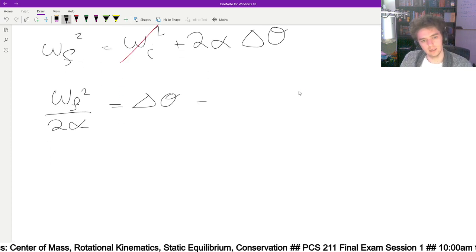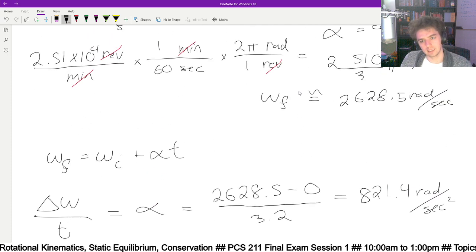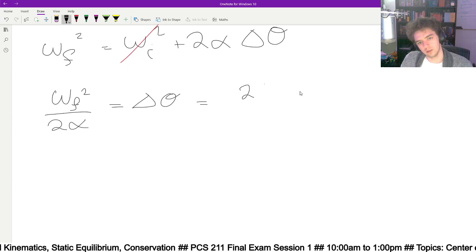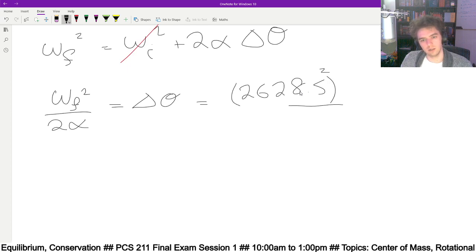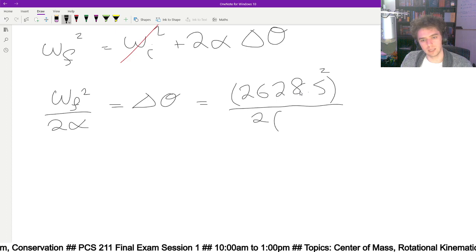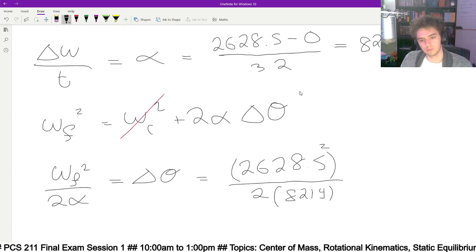And so let's just plug that in. Omega f squared, so we said omega f was 2,628.5. So 2,628.5 squared over 2 times alpha, and we said alpha was 821.4.